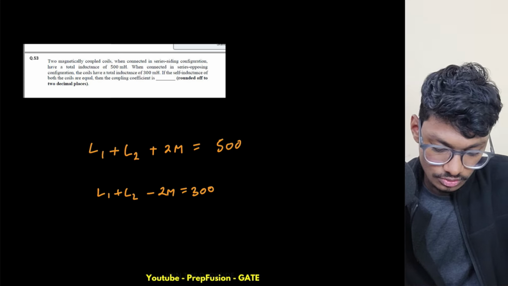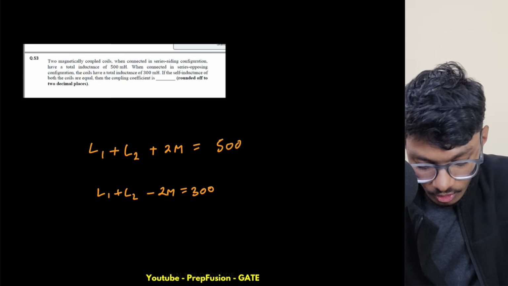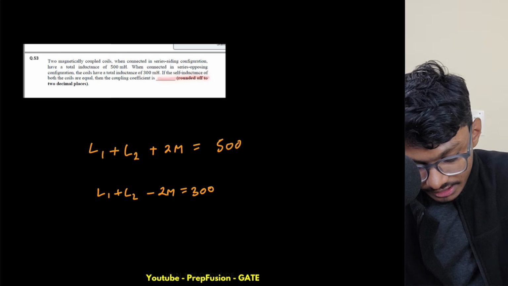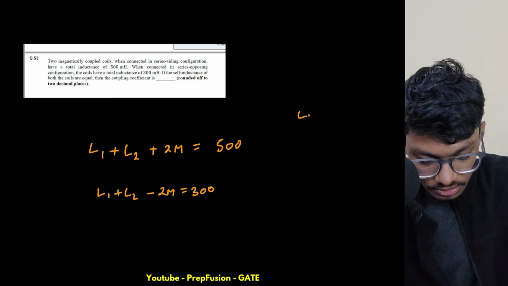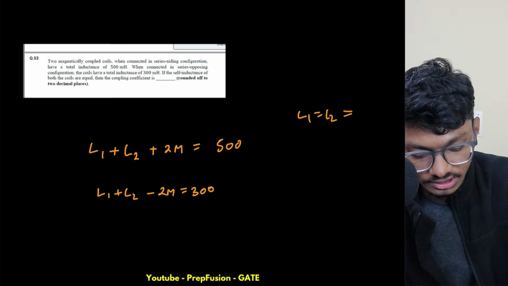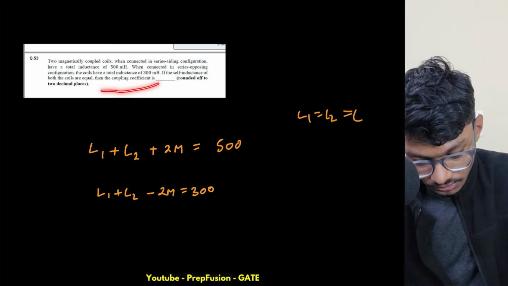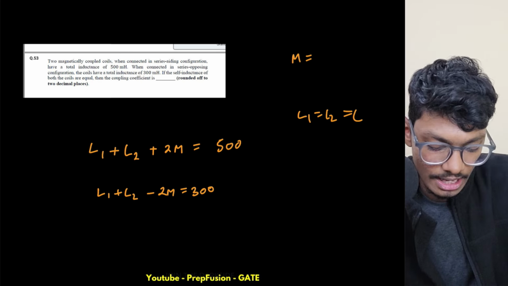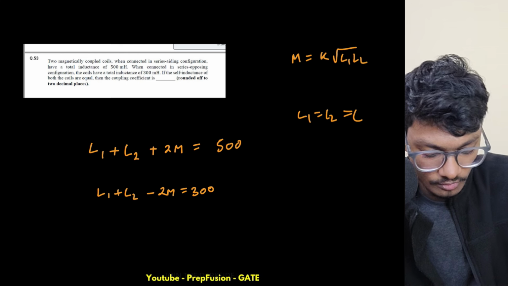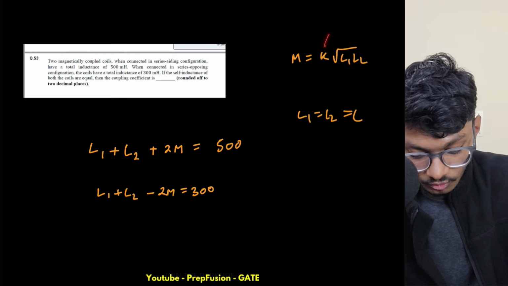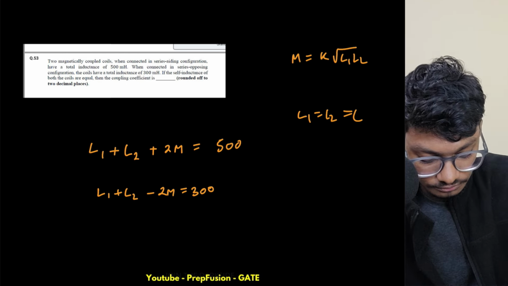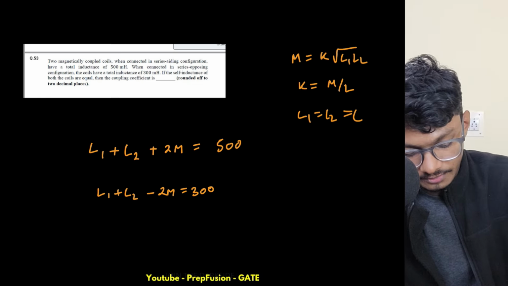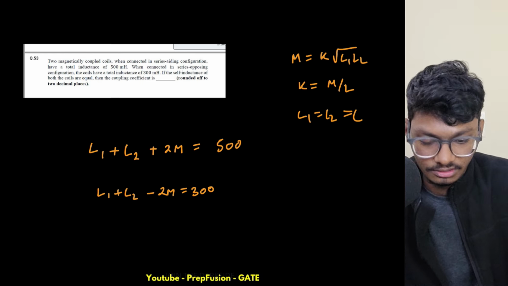Okay, so another thing is told, that if the self inductance of both the coils are equal, so L1 equals L2 equals L, then find the coupling coefficient. Now there is a formula for the coupling coefficient where M equals K under root L1 L2, where K is the coupling coefficient. So since L1 and L2 are equal, K will be equal to M by L. Okay, so just a simple solve only.